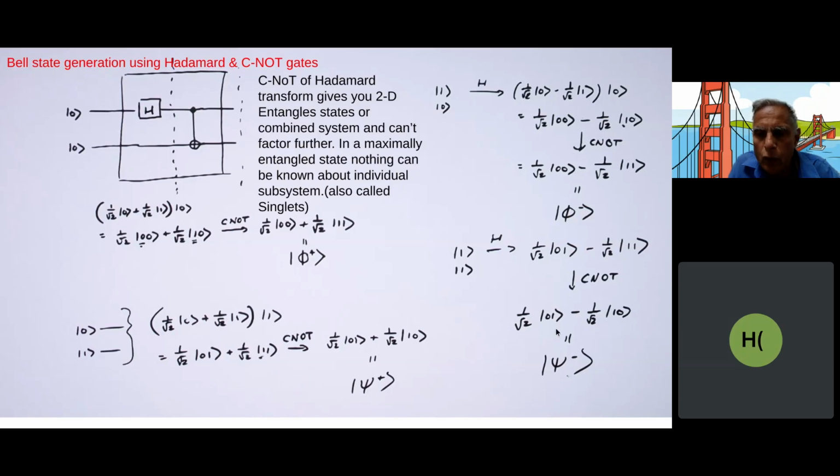So you get 1 by root 2 ket 0 1 minus 1 by root 2 ket 1 0, which is psi minus. So Bell states using Hadamard and C naught are easy to generate, provided you can input to the 2 qubits 0 0, 0 1, 1 0 and 1 1, and that gives the corresponding phi plus, psi plus, phi minus, psi minus, the 4 Bell states.